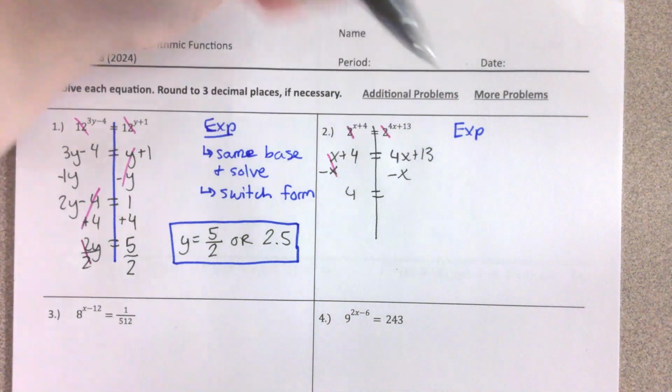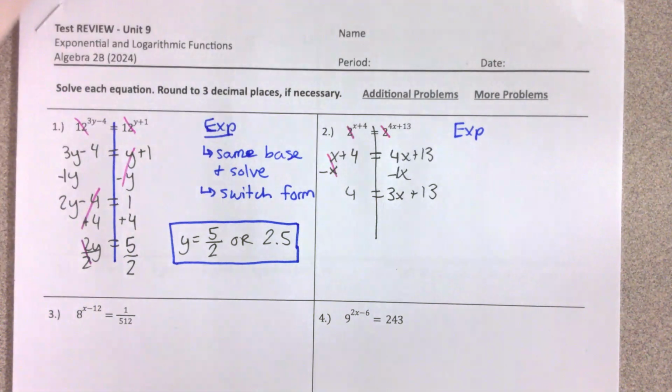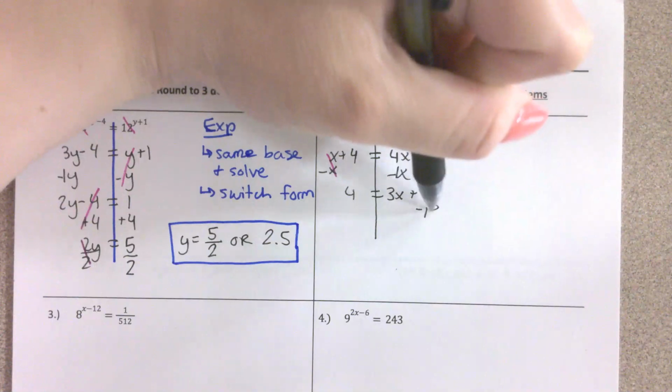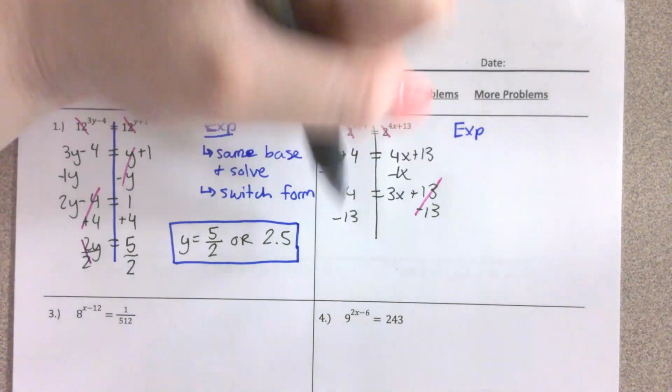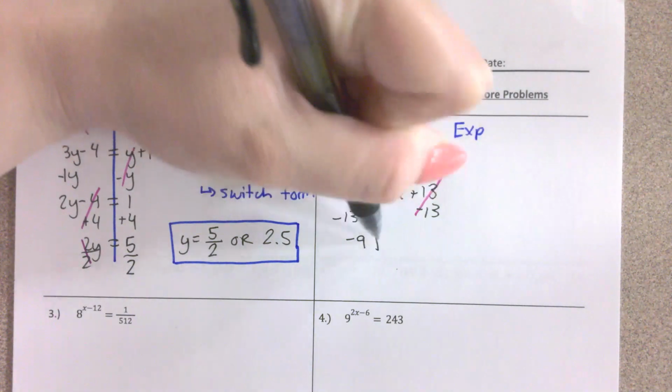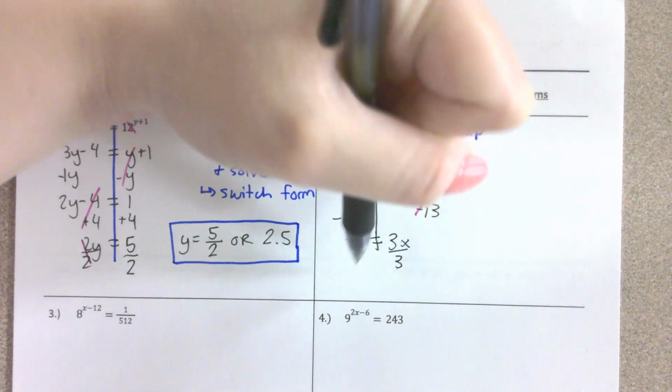4 equals, again, this is like 4 minus 1, so 3x plus 13. Minus 13 on both sides. 4 minus 13, that's negative 9, equals 3x. Divide by 3.